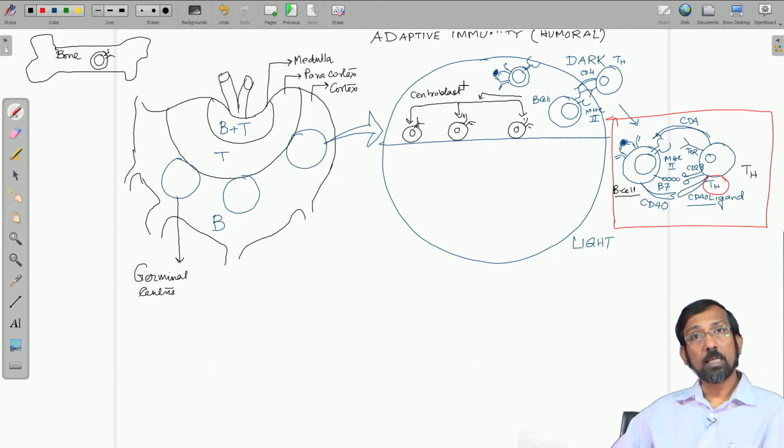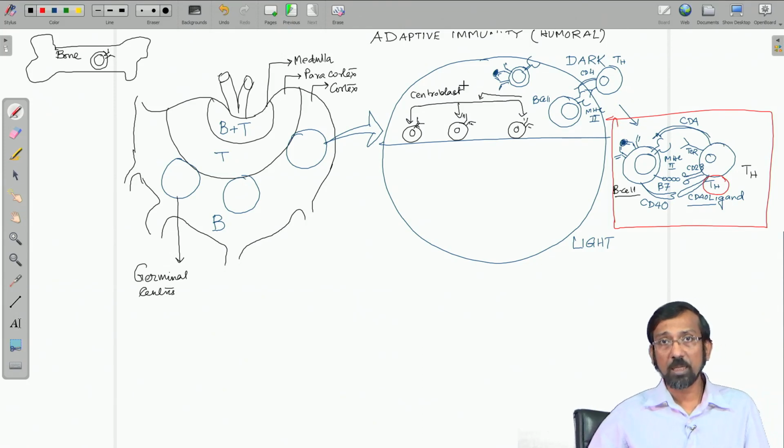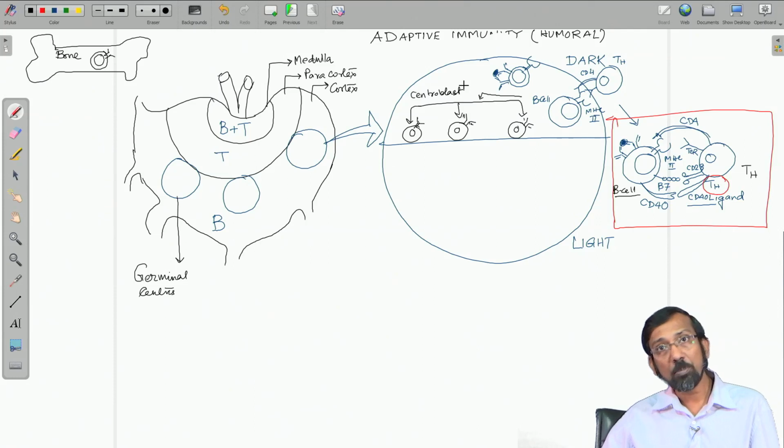What occurs immediately after these interactions? Immediately after this interaction, there are many other events occurring in the B cell, much signaling going on, among which one of the very vital events is the somatic hypermutation.